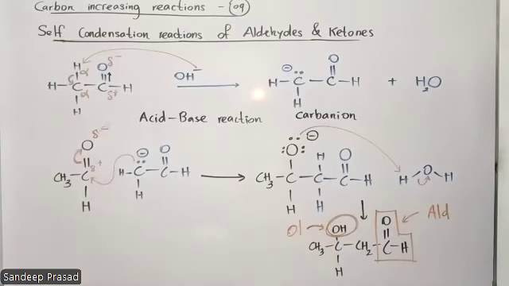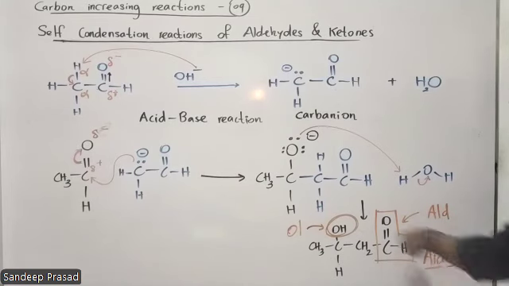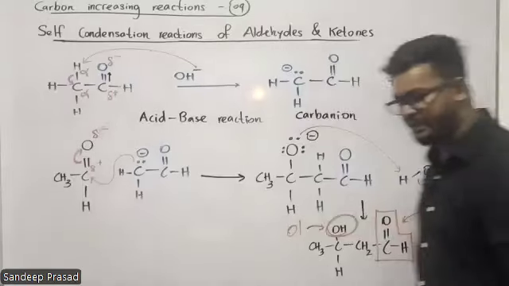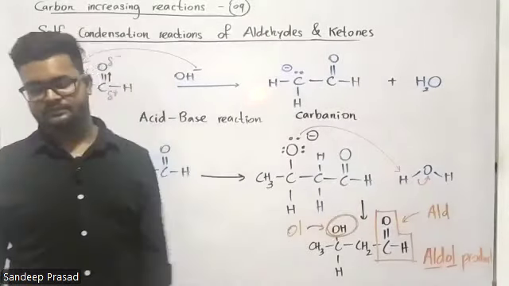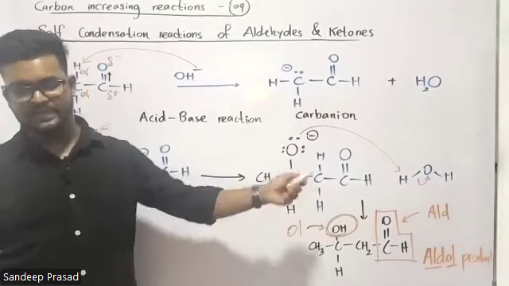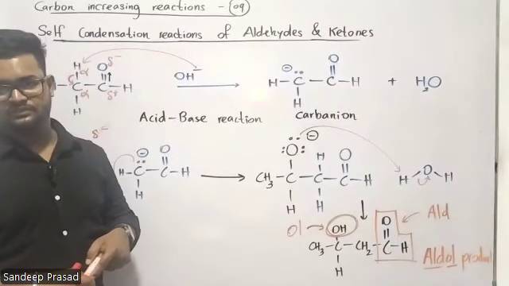Then this compound is known as the aldol product. Ald from the aldehyde group, ol from the alcohol group. If it is a ketone, it is the ketol product. Can you understand? Aldol.